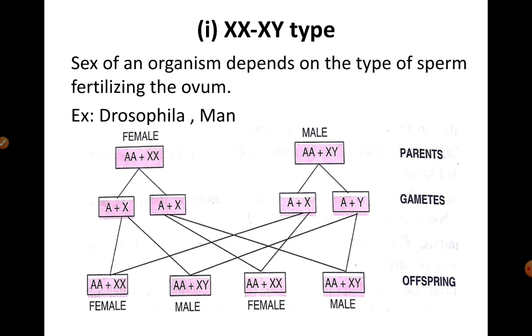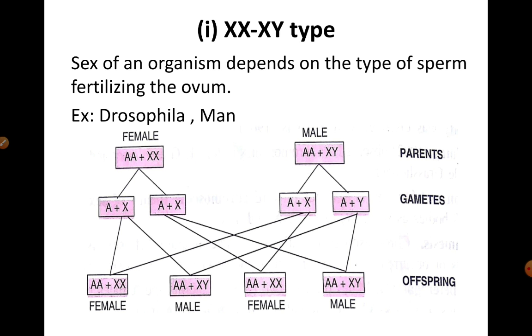For example, hypertrichosis, that is excessive hair growth on the pinna, which is a male characteristic, and the gene responsible for that is also present on the Y chromosome. And these holandric genes which are present on this Y chromosome are directly inherited from father to son.